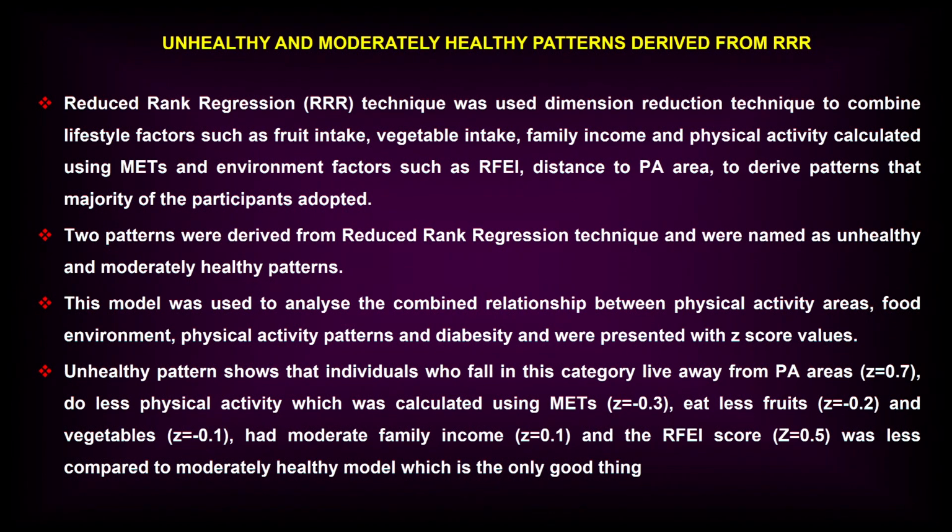So what we show here is that people have two patterns, an unhealthy pattern and a healthy pattern. The unhealthy pattern is living far away from a physical activity area, having access to all these unhealthy food outlets, eating less fruit, eating less vegetables, doing less exercise, etc. All of these are significantly linked with obesity.